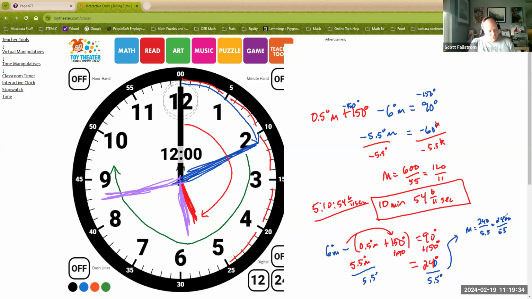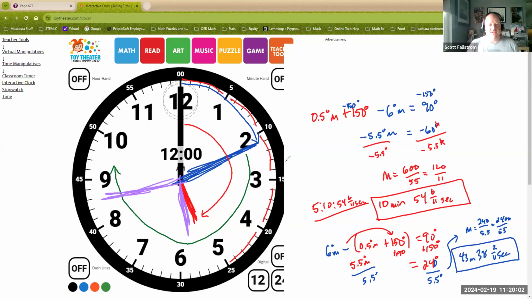And let's go to the calculator. 2400 divided by 55 gives me 43 minutes. Minus the 43 on my calculator, multiplied by 60 gives 38 seconds. Minus the 38, multiplied by 11, because that's my denominator, and I get 2 and 2/11 seconds.